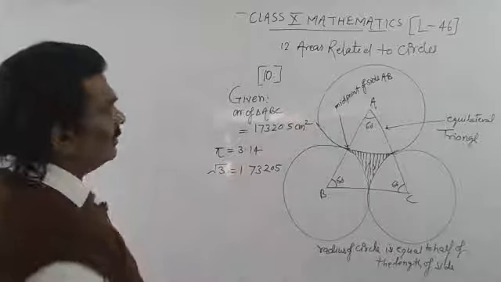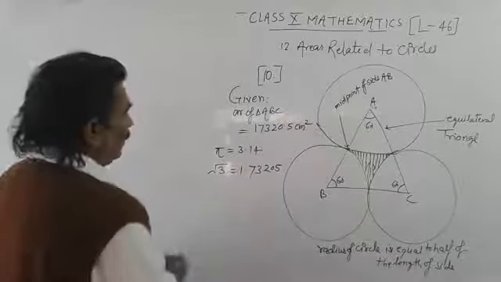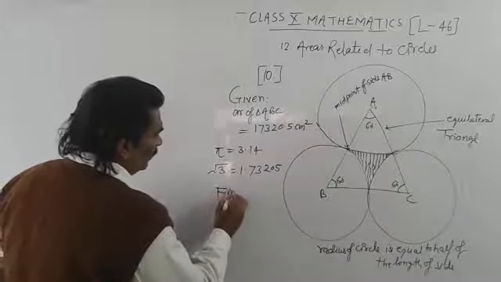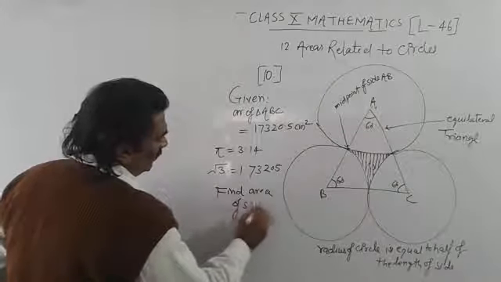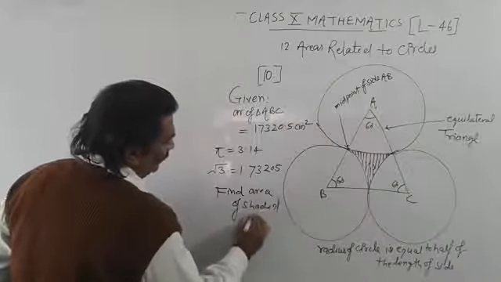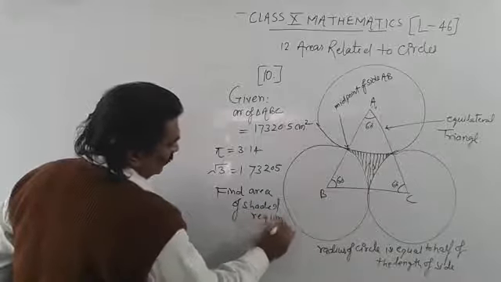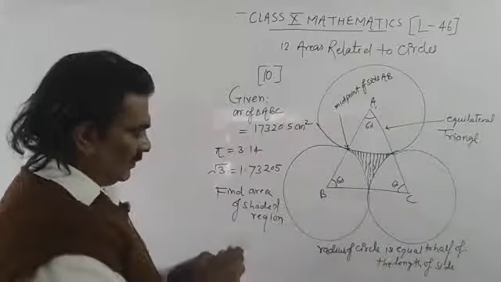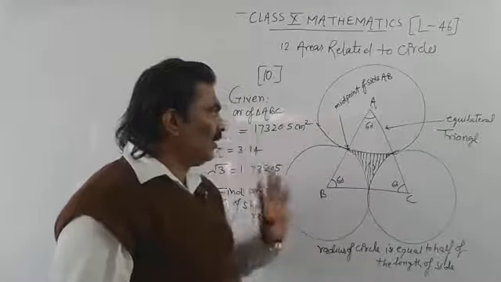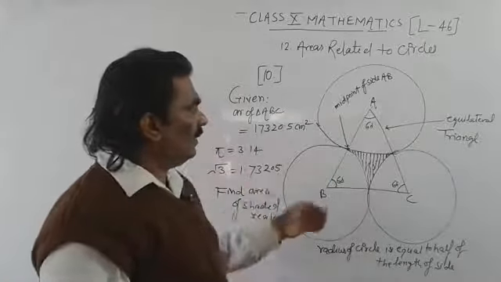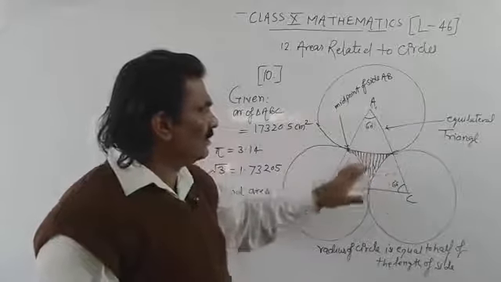So, first of all, students, here we know that we have to find the area of the shaded part or shaded region. This is the shaded region. So, here, students, we have the area of the triangle, and now if we find the area of a sector, these are three sectors.